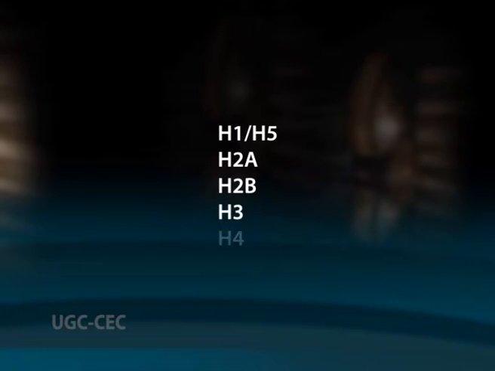Five major families of histones exist: H1 or H5, H2A, H2B, H3 and H4. Histones H2A, H2B, H3 and H4 are known as the core histones, while histones H1 and H5 are known as the linker histones.